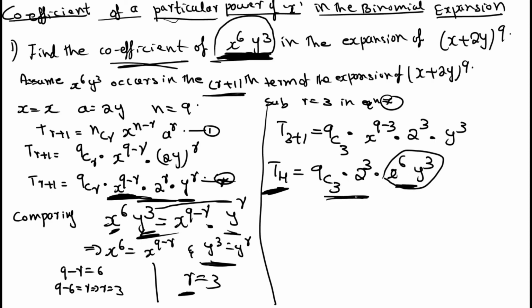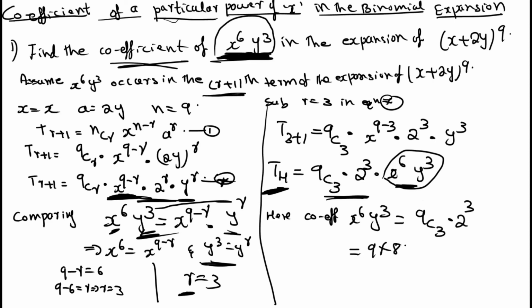That is these two terms, right? So here I'll write, coefficient of x to the power 6 into y to the power 3 equal to 9c3 into 2 to the power 3.